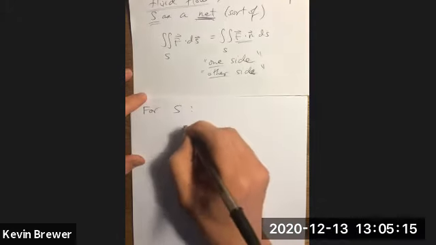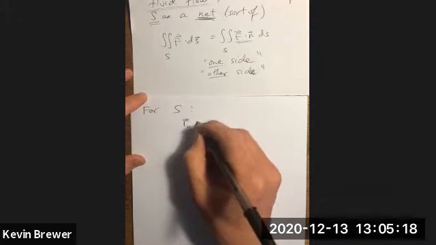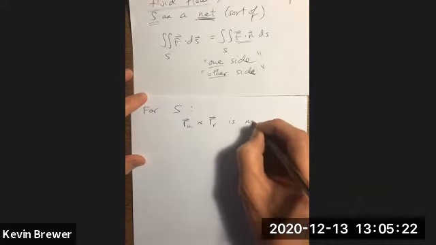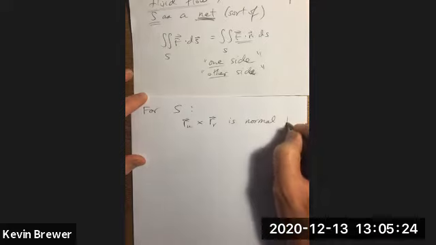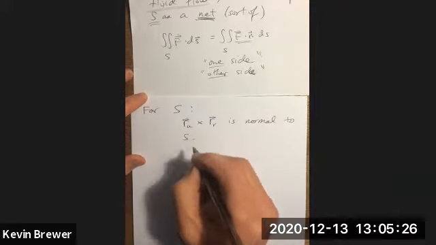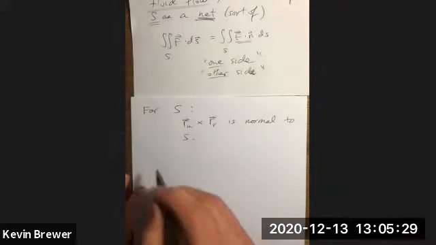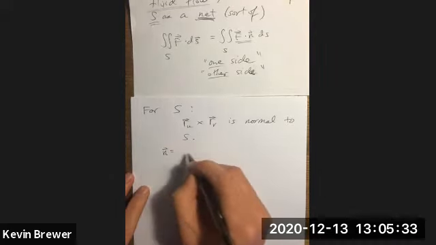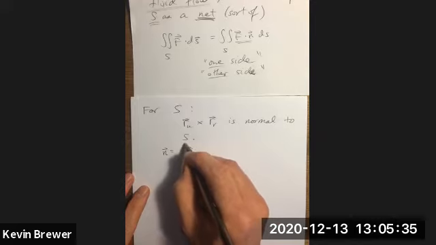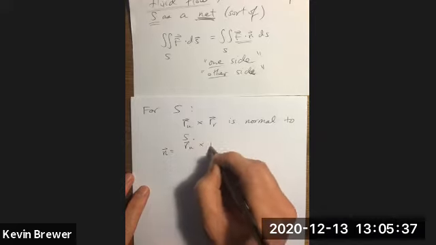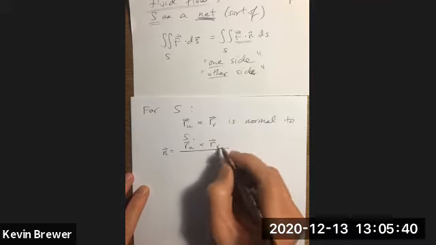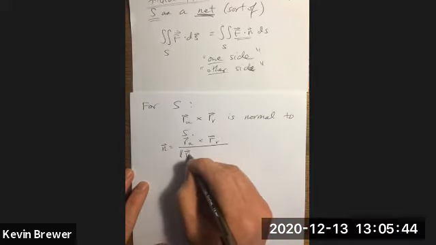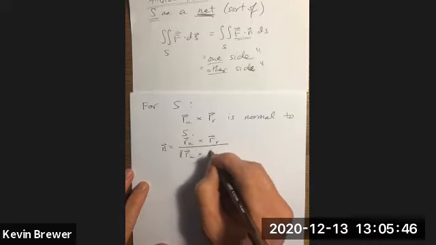For the surface S, R_U cross R_V is normal to S. And so we can take N equal to R_U cross R_V divided by the magnitude of R_U cross R_V.